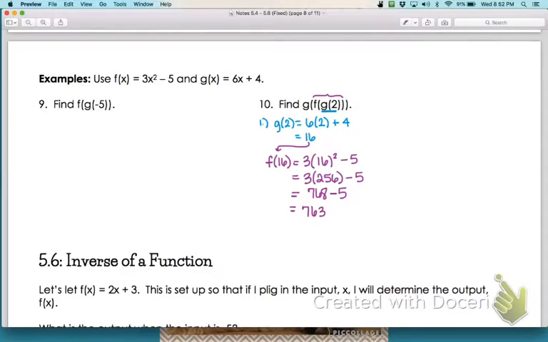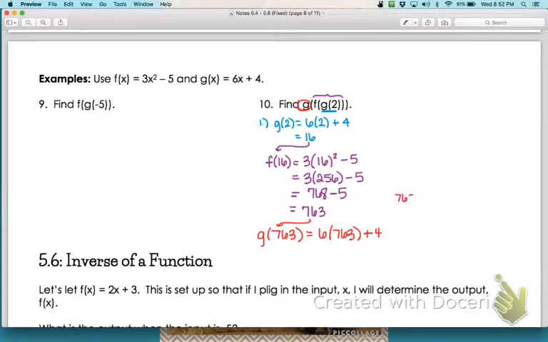But again, we are not done because we still have one more time through g that we have to do. So the last one here is now we're going to do g of 763. And again, if that 763 is wrong, this is going to be wrong, but I'm relatively sure that that's good. So we have 6 times 763 plus 4.